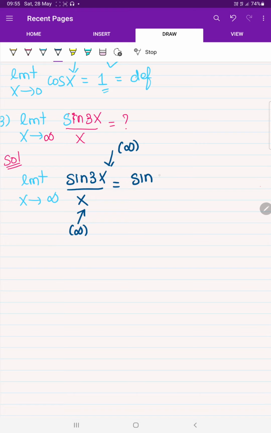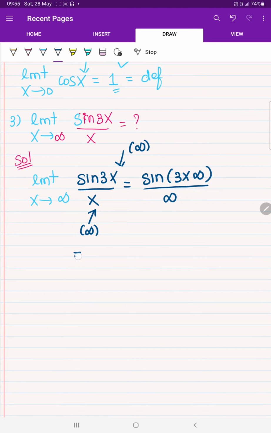Here it is going to be sin of 3 into infinity. Tell me, what is the value of 3 into infinity? The denominator is anyway going to be infinity, undoubtedly, but in the numerator I don't know. You please tell me, 3 into infinity. I told you finite into infinity will always be infinite only. Similarly, a finite value may be 3 or 10, 1000, 1 lakh, 10 lakh, whatever it is, but that value is still finite.